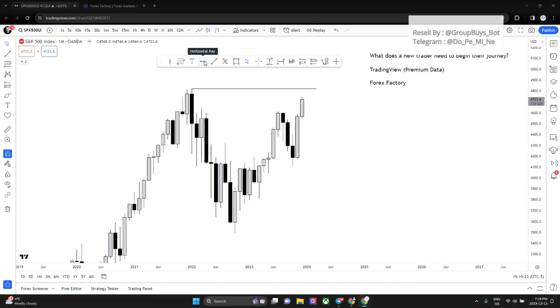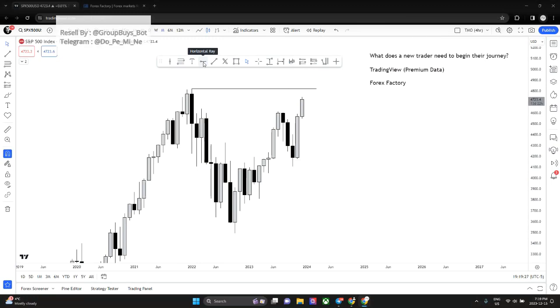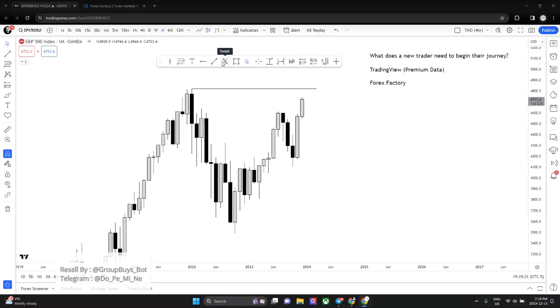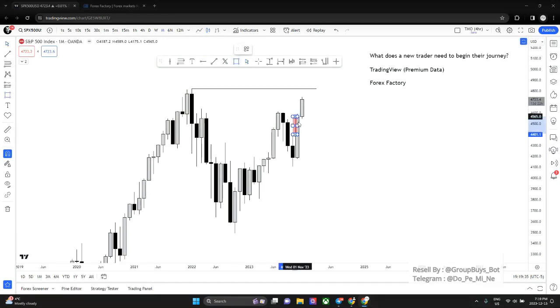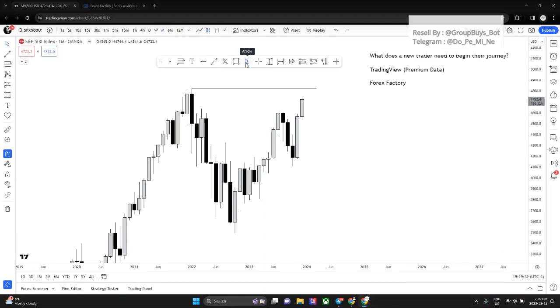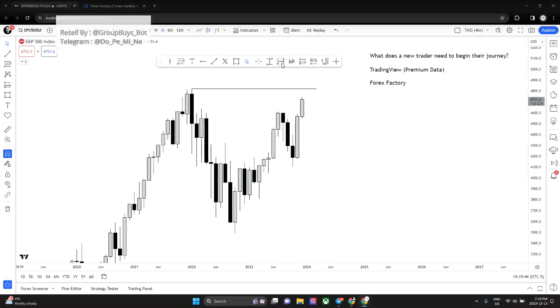And I have the horizontal line, sorry, my bad, bit my tongue there. The trend line, the rectangle to draw boxes, highlight fair value gaps, and so on. I also have the arrow and cross. You can see everything.